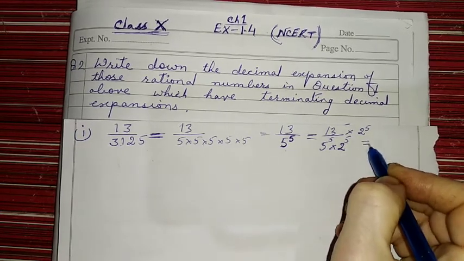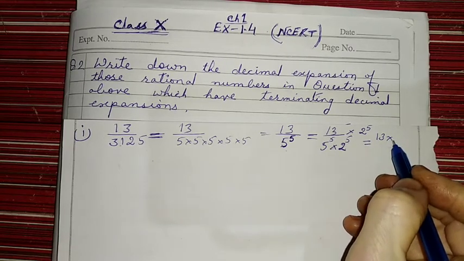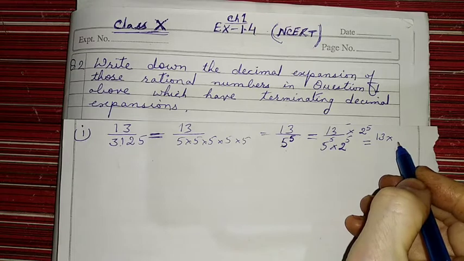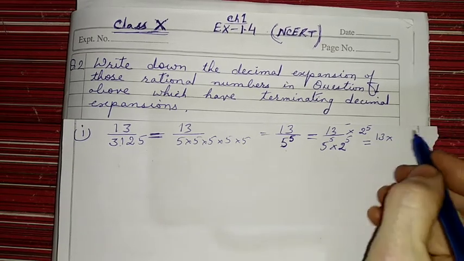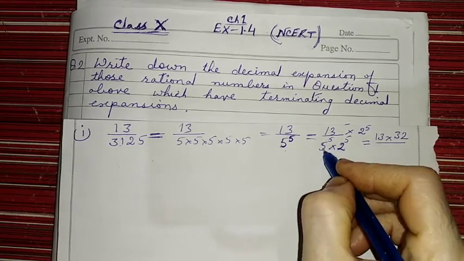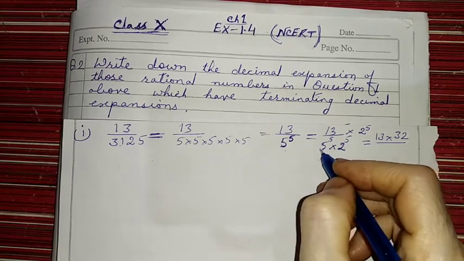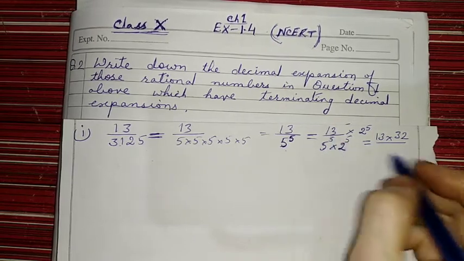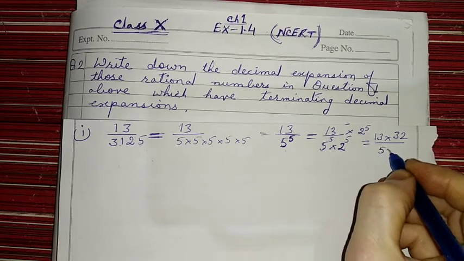And 2 to the power 5 is: 2 into 2 is 4, 4 into 2 is 8, 8 into 2 is 16, 16 into 2 is 32. That is 32. Both the numbers have the same power 5. The base is different and the power is same, so you can multiply the bases 5 into 2.